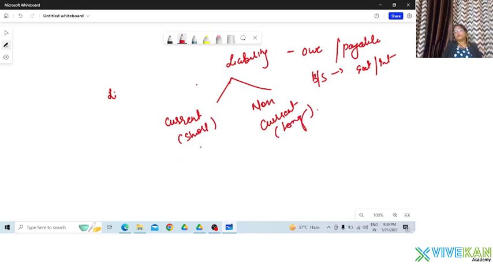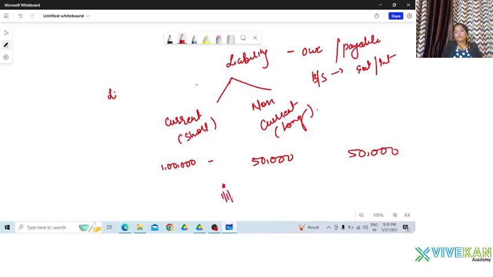Now, what do you mean by current and non-current? Let's take an example, rupees 1 lakh. You have purchased some goods for 1 lakh and now you need to pay this. The person has told you to pay 50,000 this year, and next year you pay 50,000. So what happened? This is your reporting period.